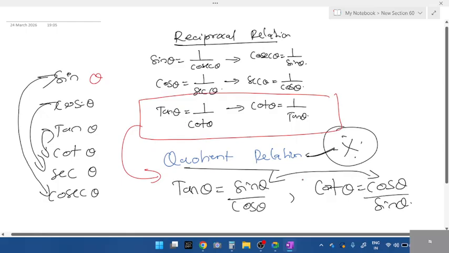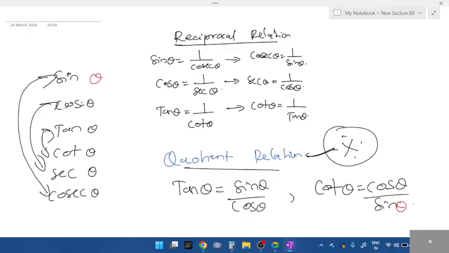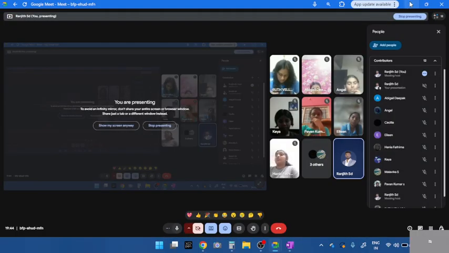Therefore, the values are getting reciprocated. Completed? Have you all written it?